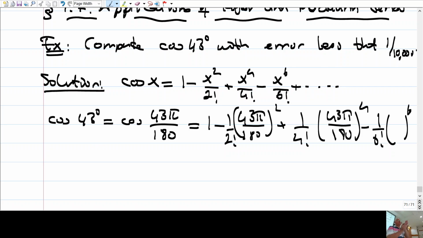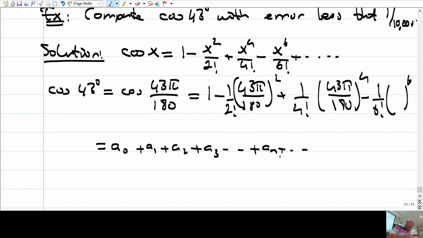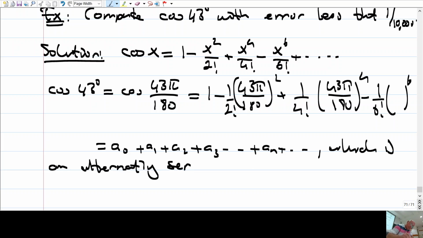I want to know where I should cut this so that the error will be less than 1 over 10,000. You see, this is an alternating series, right? This is like A0 plus A1 plus A2 plus A3 plus An, which is an alternating series.